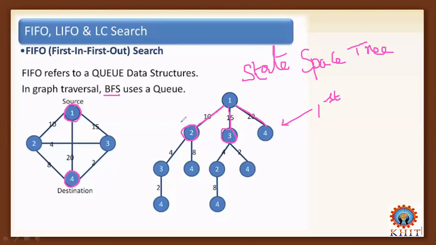An E node is a node which has the provision for expanding children nodes. That is called an E node. So here node 2 and node 3 are considered as E nodes, whereas node 1 is considered as a live node.